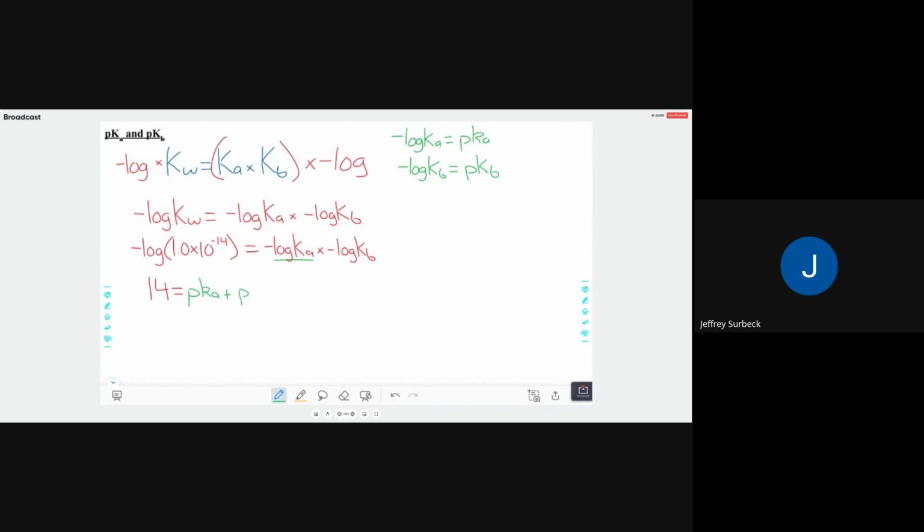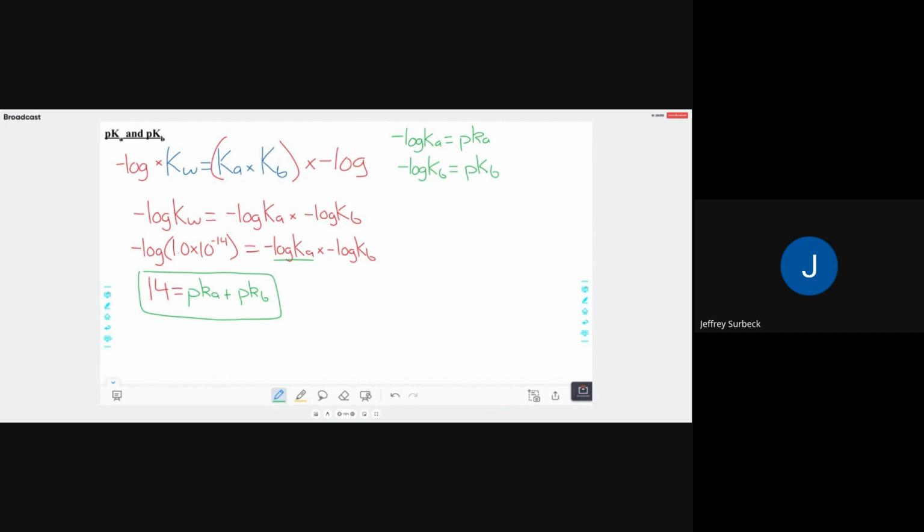And this plus that I put in right here comes from the rules of our logarithms. Again, that's more of a math question here. I just know how to insert it like that. When you take a log times a log, it turns into a positive or a plus value.